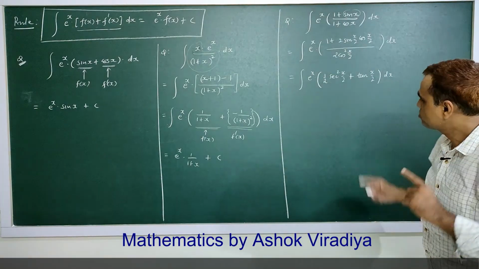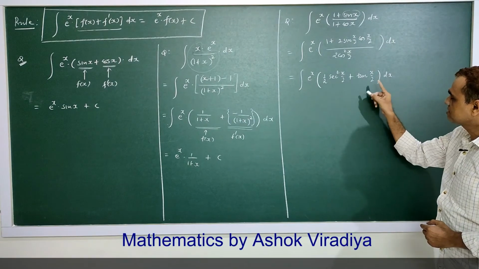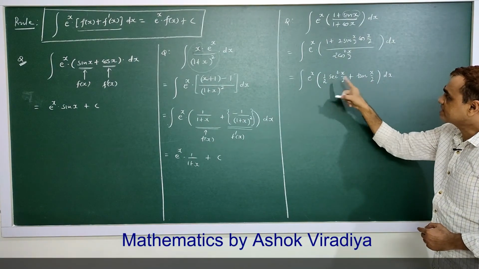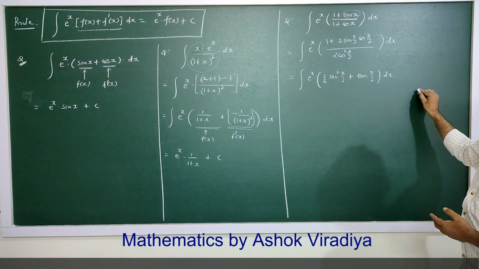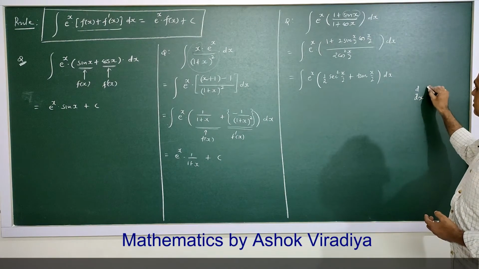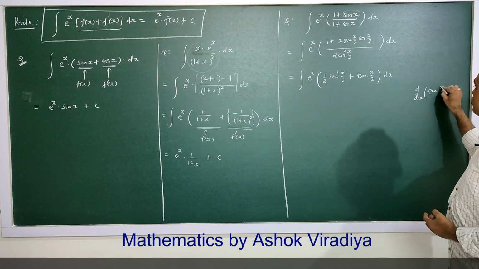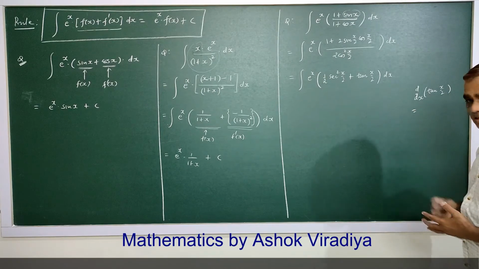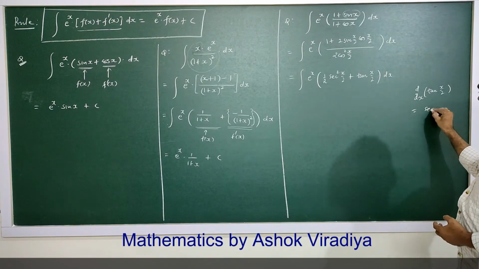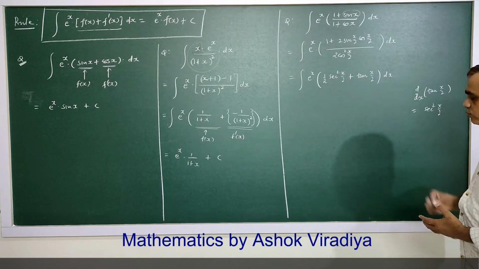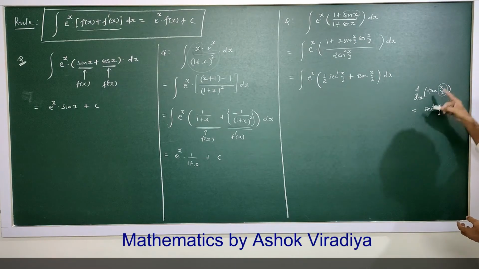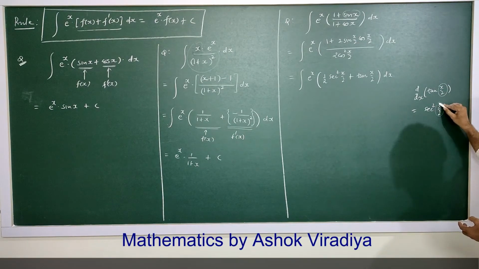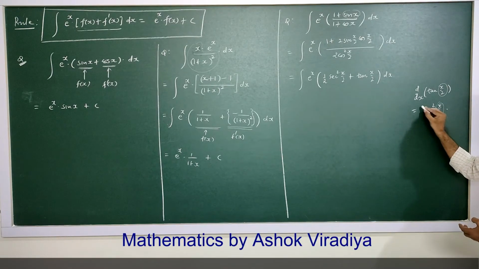Now look, you can see that derivative of tan is sec square, derivative of tan x by 2 is sec square x by 2. Supposing this as x, derivative of tan x is sec square x, but it is not x, so into its derivative, so 1 by 2.